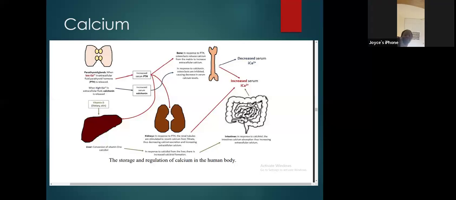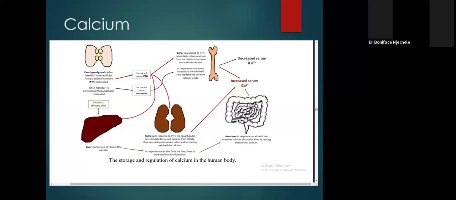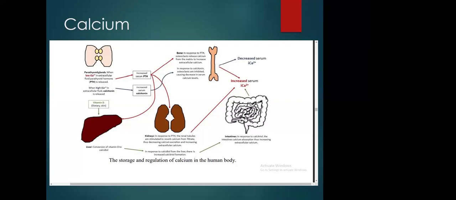There is this complex diagram which shows the calcium metabolism, but the important part about calcium is that 1% is in the extracellular space, and the majority of it is in the bones. It exists in three forms.